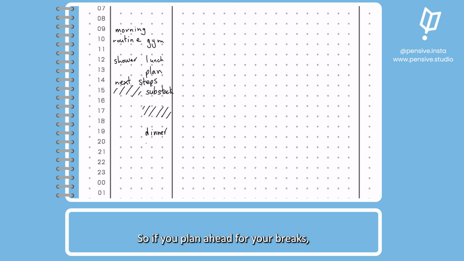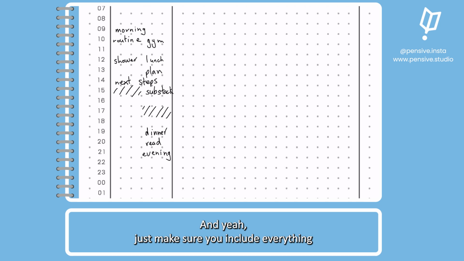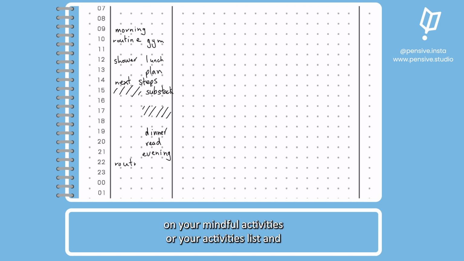So if you plan ahead for your breaks, the schedule feels less oppressive, I think. And yeah, just make sure you include everything on your mindful activities, or your MPR activities list, and that's it.